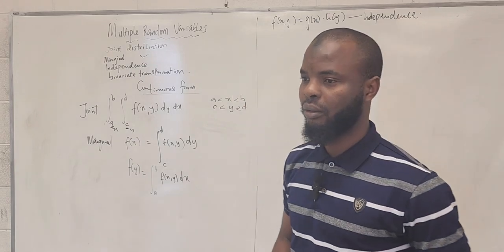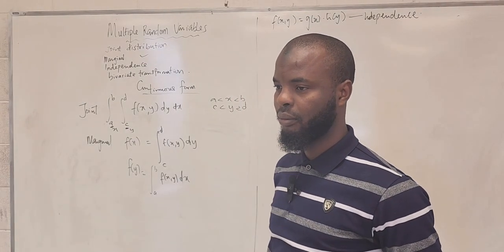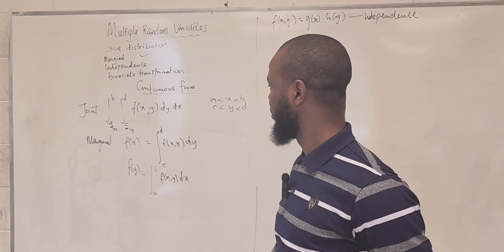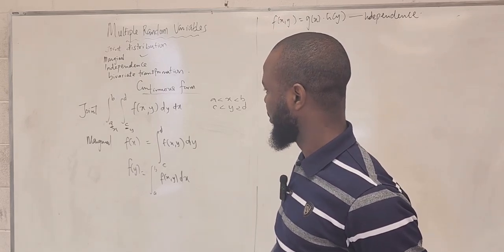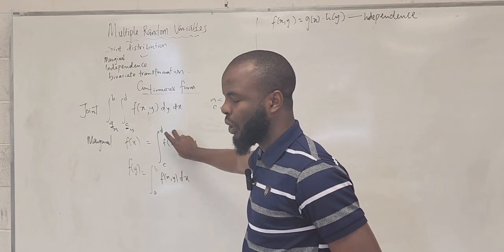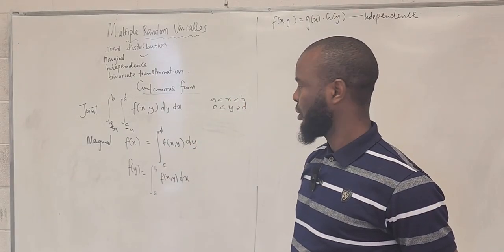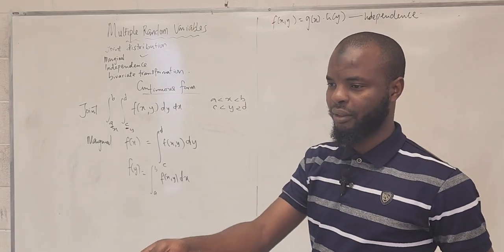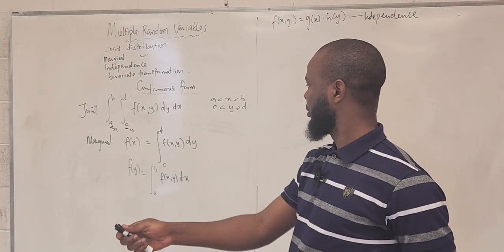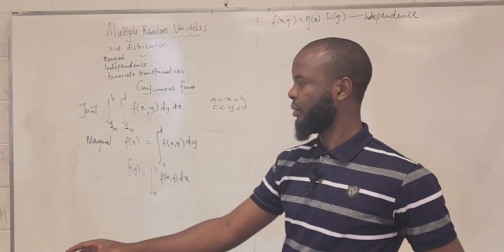That means the joint can be separated as the integral a to b of f of x dx times the integral c to d of f of y dy, right? Not f of x, it will be the joint distribution. So in the marginal we can separate into two independent ones.